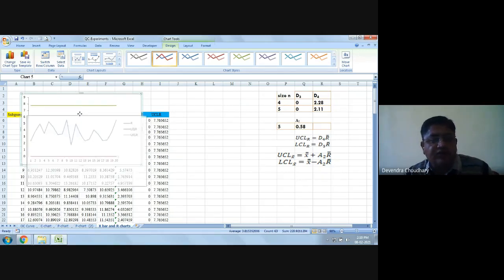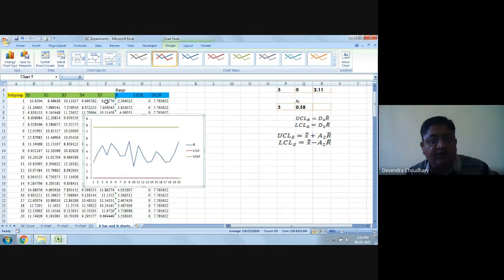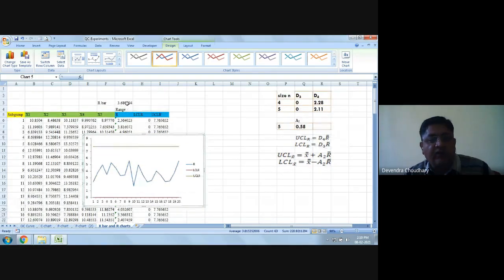So this value of R bar can be used for calculating the control limits of X bar chart.